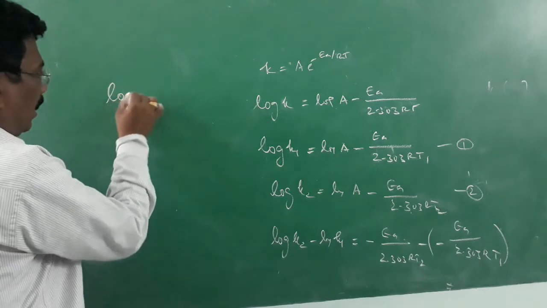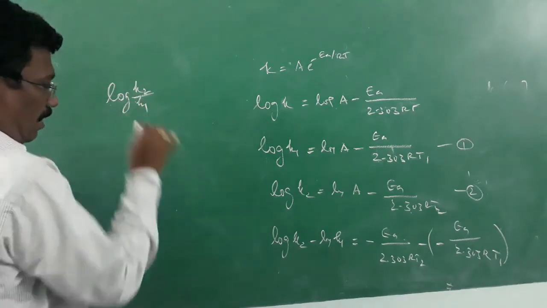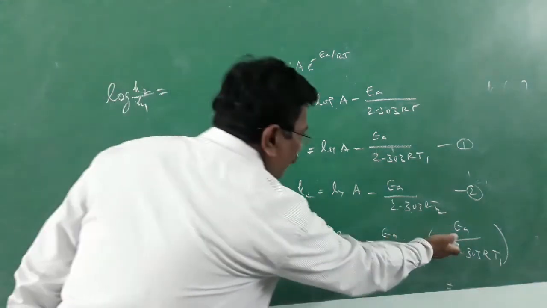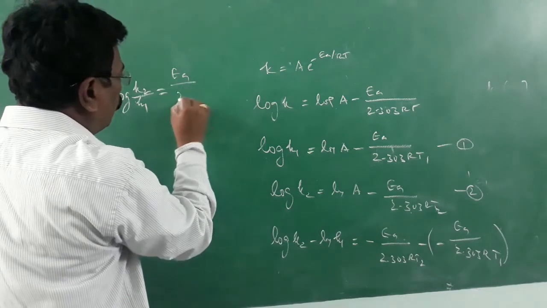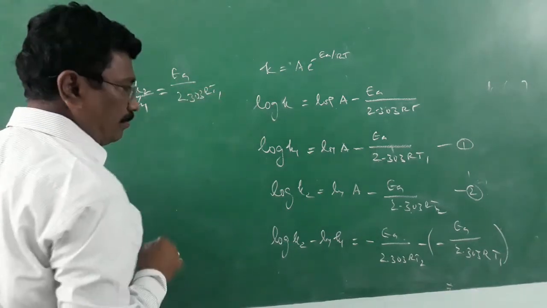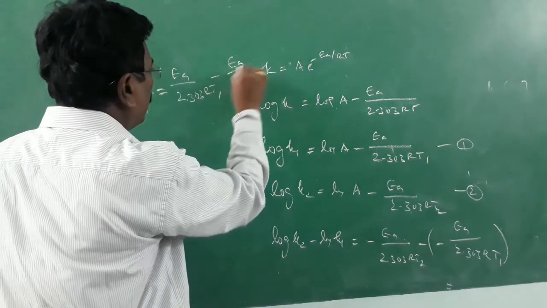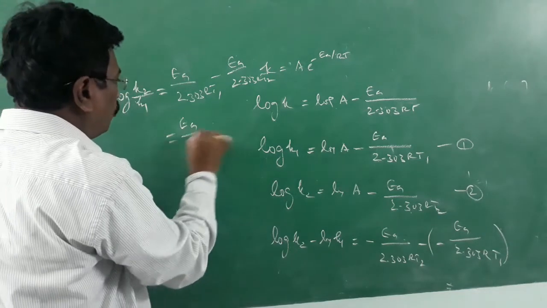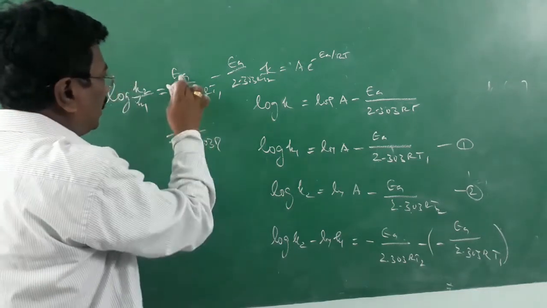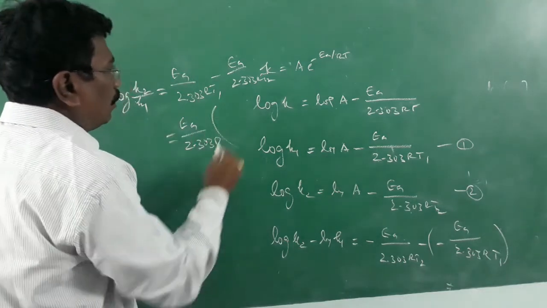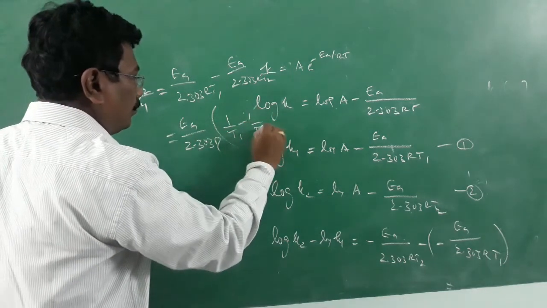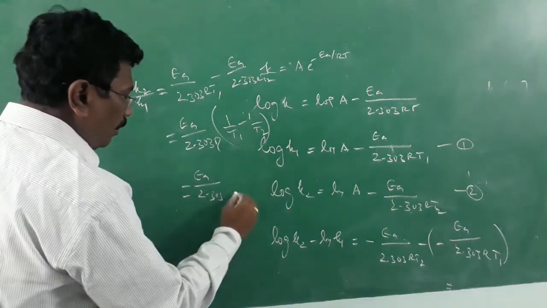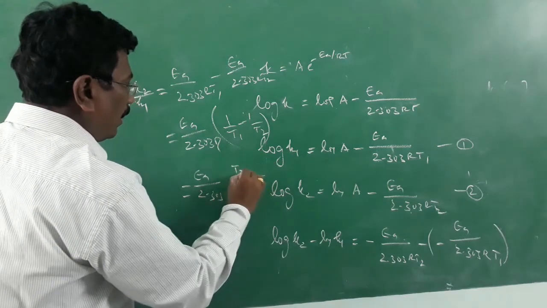Now log K2 by K1, since log A minus log B is log A by B, is equal to Ea by 2.303 R, 1 by T1 minus 1 by T2, which is equal to Ea by 2.303 R into T2 minus T1 by T1 T2.